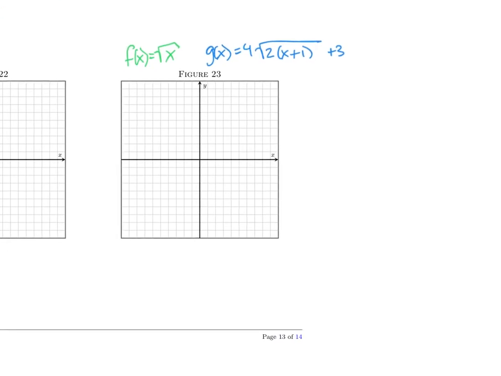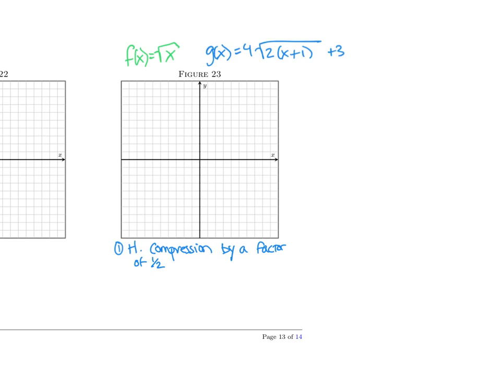There you go. My very first transformation is going to be a horizontal, or H, compression, and I don't want you to just say by 1/2, I want you to say by a factor of 1/2, because if you remember from the last video, we're always going to multiply our x values by 1 over that b value.